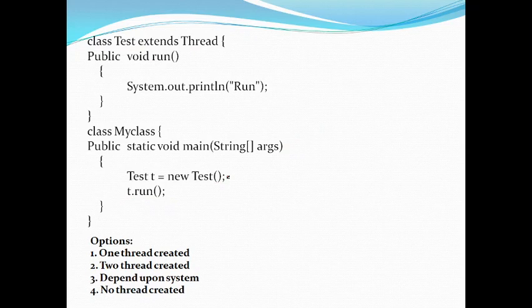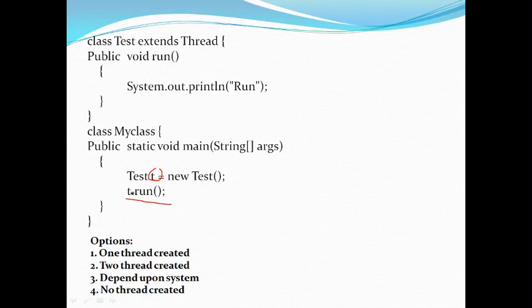Next, see the second program. Now here I have another test class, same program, and I'm extending the Thread class, and I again implemented the run method by providing the body. Here I have created one object t for the test class, and here I am calling t.run. What is going to happen?